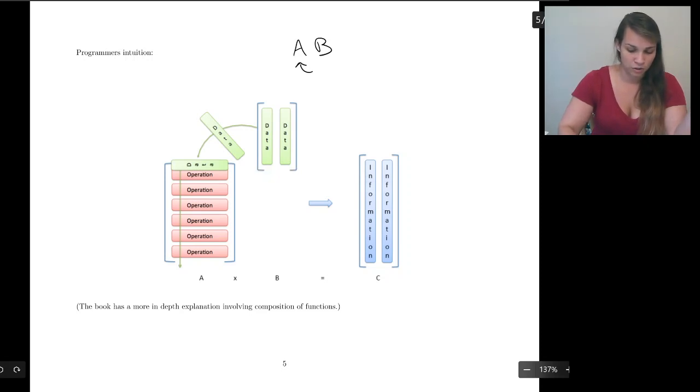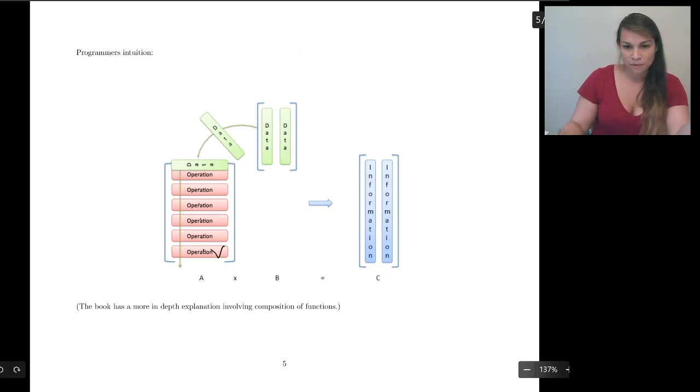You're putting all those into our equations or operations, and you get out some information. So you feed one in, and it has to go through each one of these, and that gives us our first piece of information. Then you take our second one, and you have to feed it through all the operations to get another piece of information like that. I thought it was a cool way to think about it.